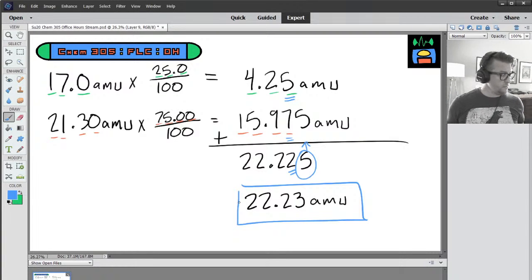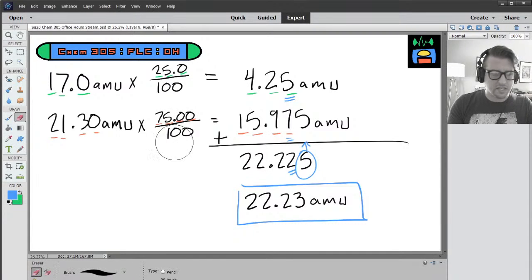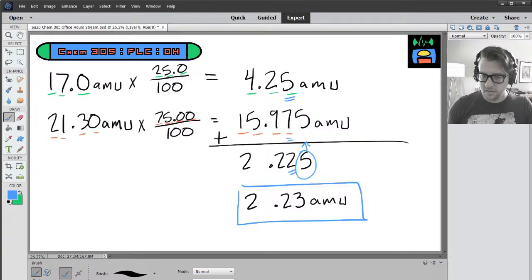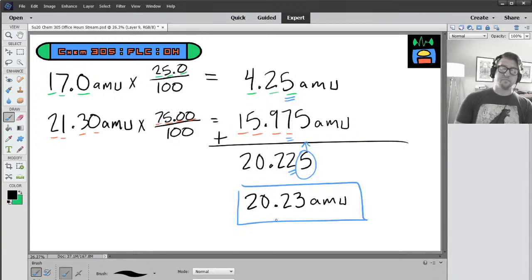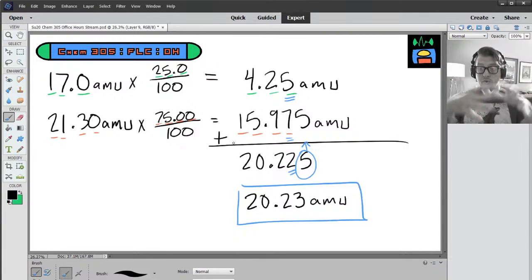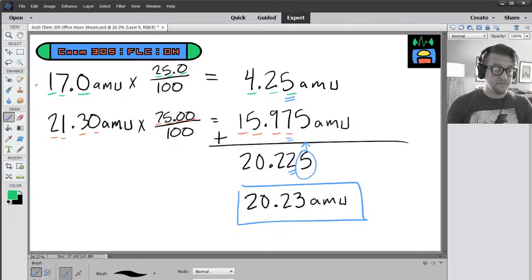And on Saturday, probably what happened with you on this problem, and the reason why you thought it was 20. Wait, oh, I'm sorry. I messed up here. It's not 22, this is a 20. Probably the source of your confusion is you only look at the total number of sig figs in a number when you're doing multiplication and division, and that's what we did in the first 2 steps.